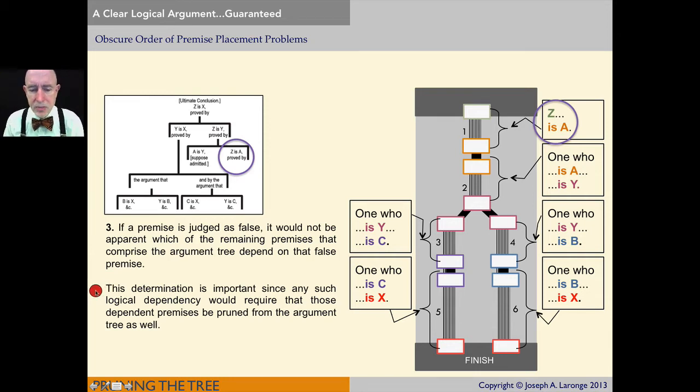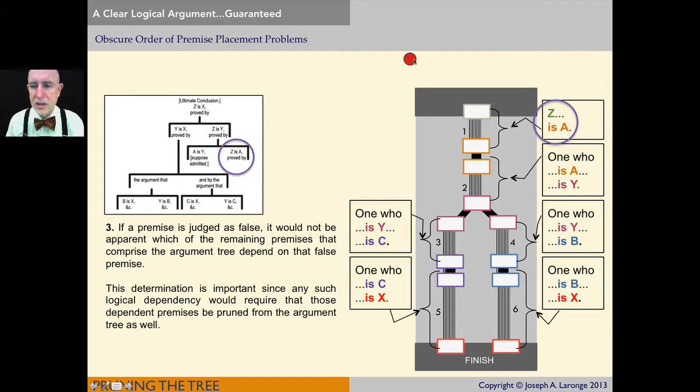This determination is important since any such logical dependency would require that those dependent premises be pruned from the argument tree as well. So you look here and you're not sure really what's hanging off this that relies on this.